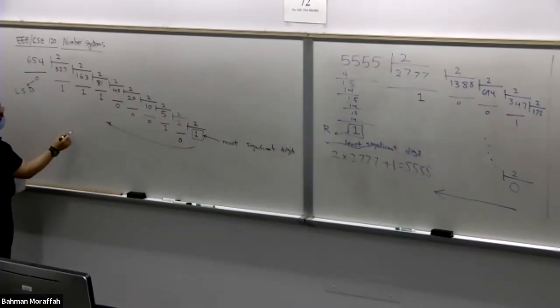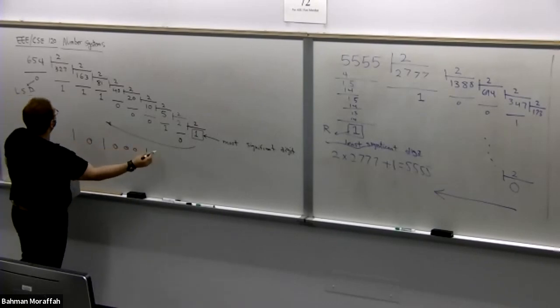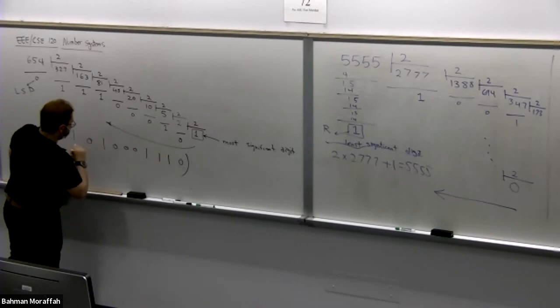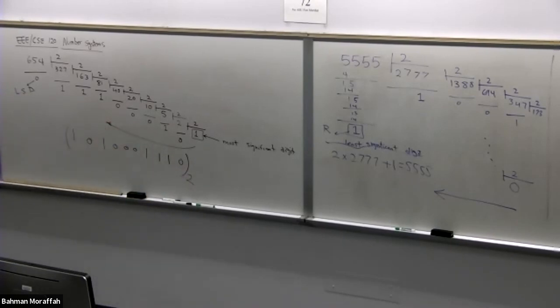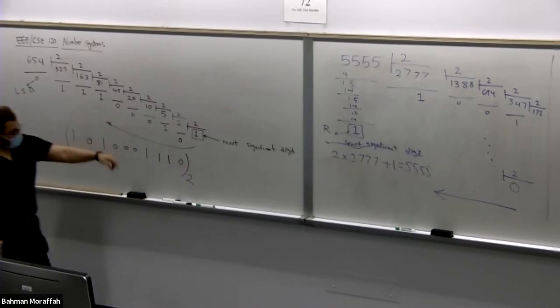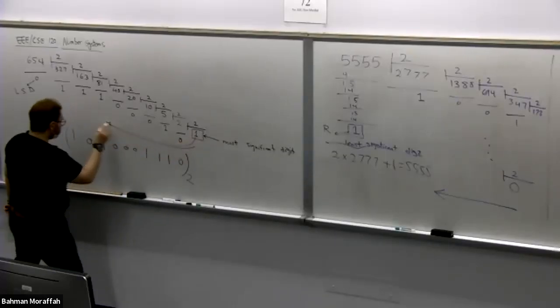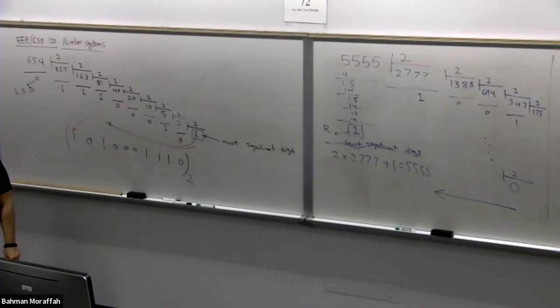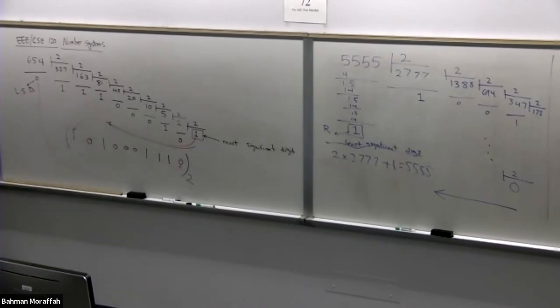So the number would be 1, 0, 1, 0, 0, 0, 1, 1, 1, 0. This one went here, because that's the most significant bit. And this one went here, because that's the least significant bit.